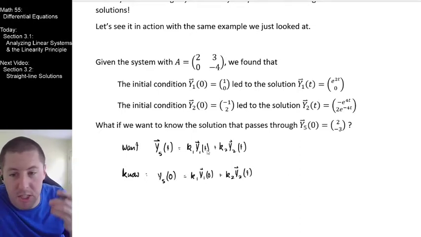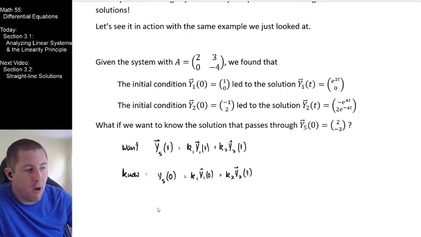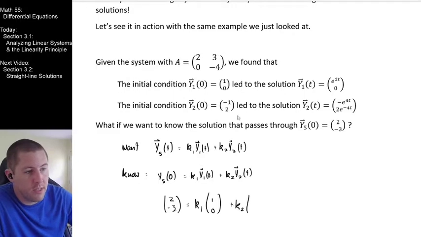So I'm going to do just a tiny smidge of algebra right here to find it. Y5 of 0 is exactly the vector 2, negative 3. K1 is the unknown. Our initial condition associated with the first solution was 1, 0. Our initial condition with the second solution was negative 1, 2.